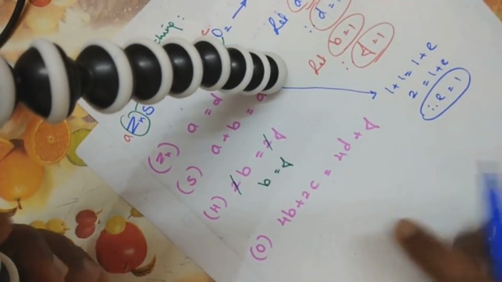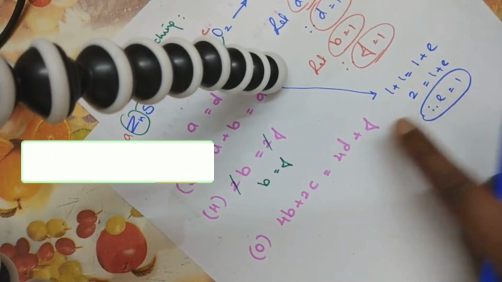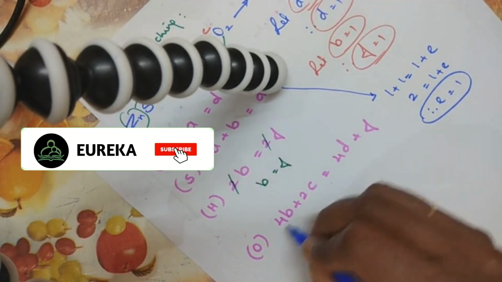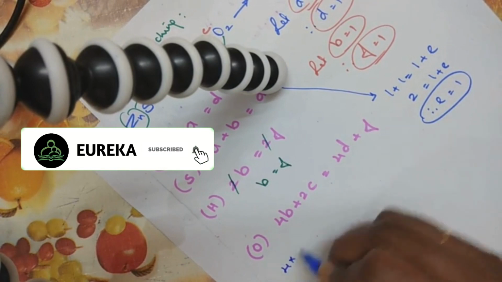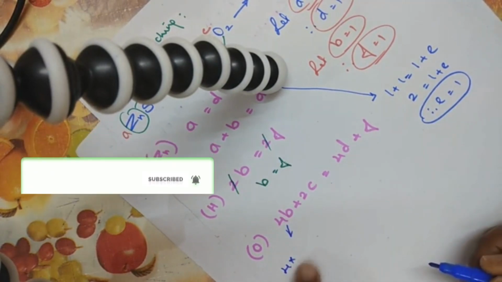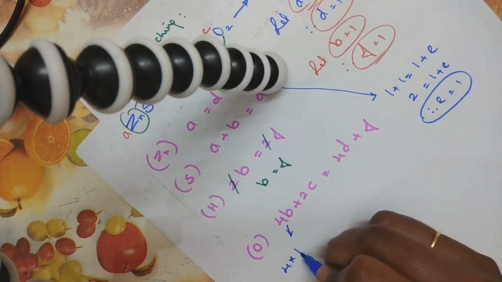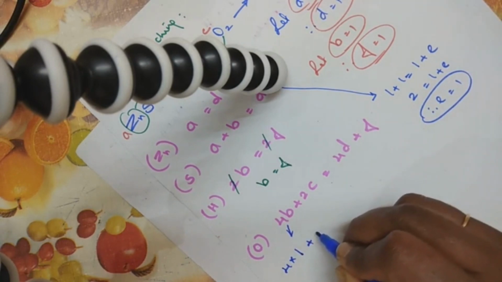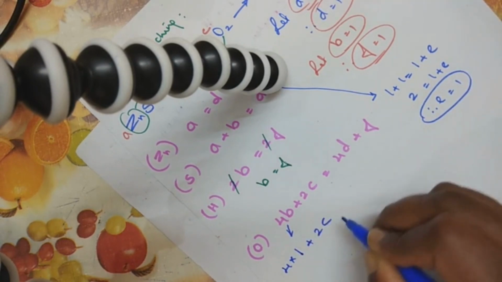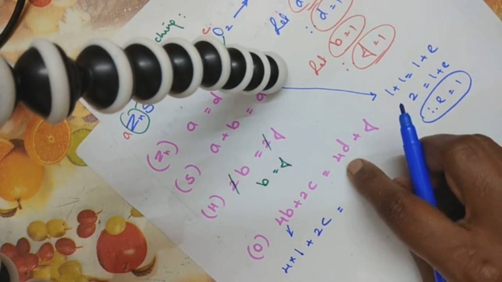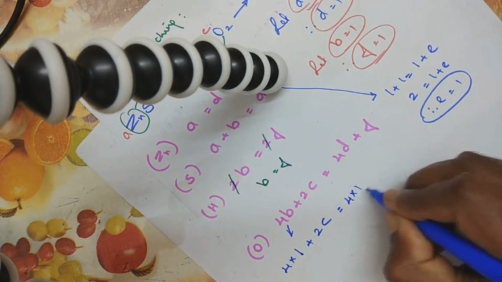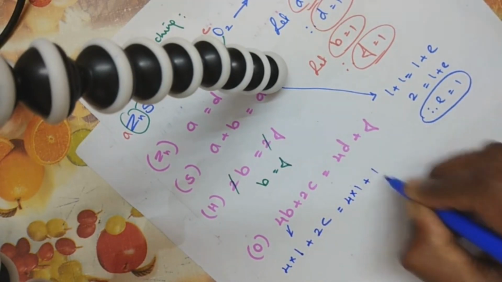Now we will substitute into the last equation to find the value of F. I'm substituting in this equation: value of B is 1, plus 2C, which I'm leaving as it is, and D is equal to 4 into 1, where F is equal to 1.